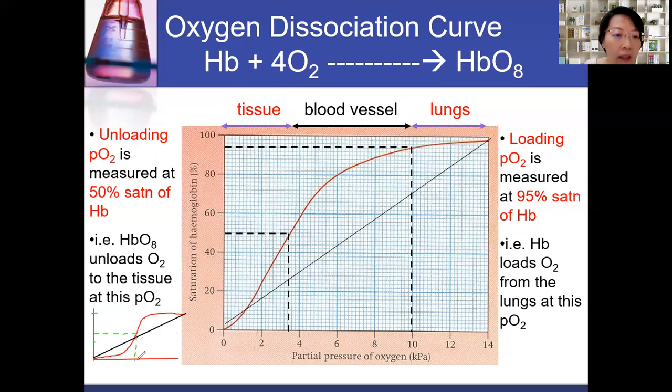So you can see that from the tissue onwards, the hemoglobin needs to unload oxygen. Let me adjust again. Lower is better. So let's say this is 50% saturated.